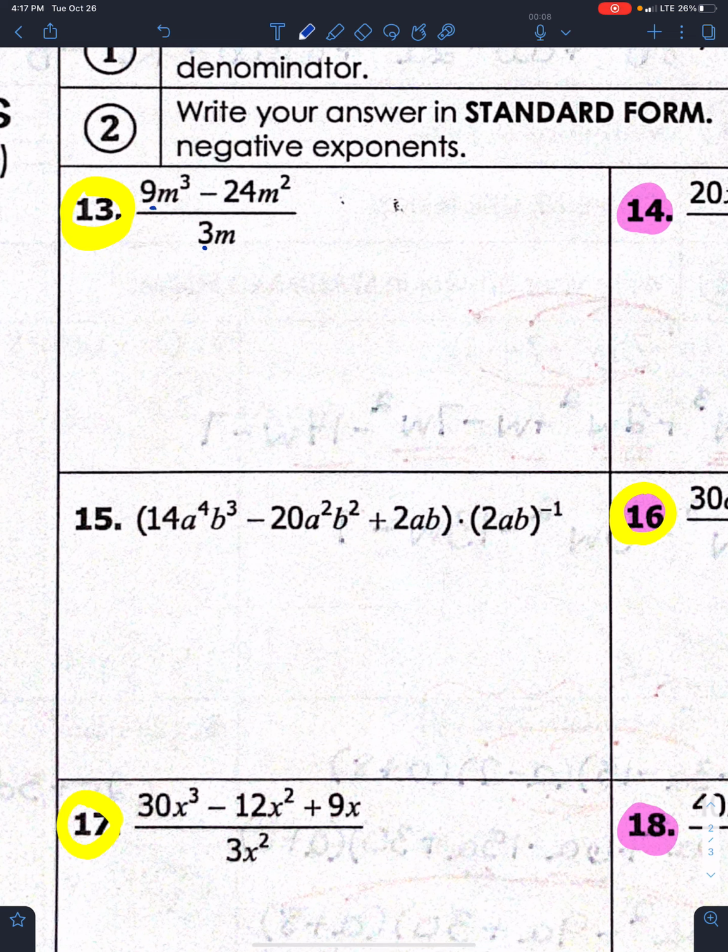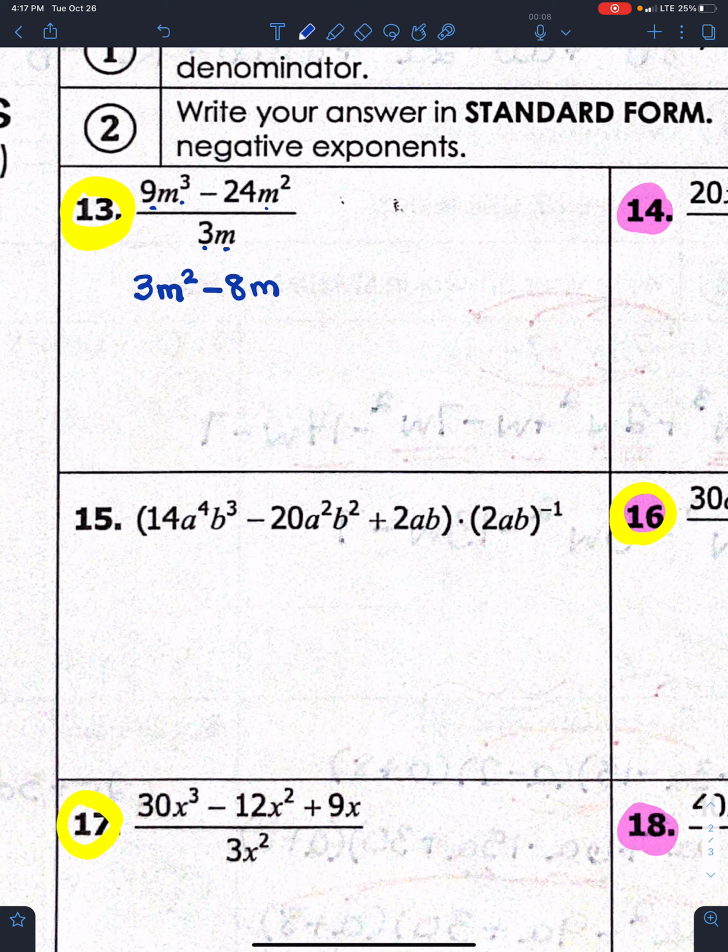Well, 9 divided by 3 gives me 3. m cubed divided by m leaves me with m squared. Negative 24 divided by 3 leaves me with negative 8. m squared divided by m leaves me with m.